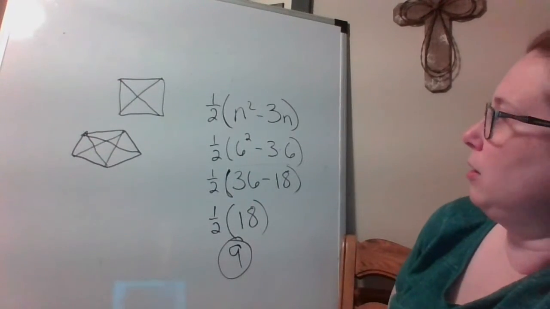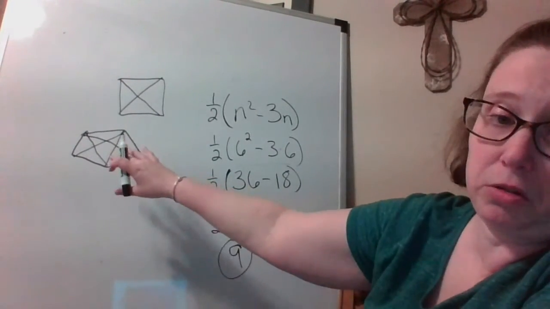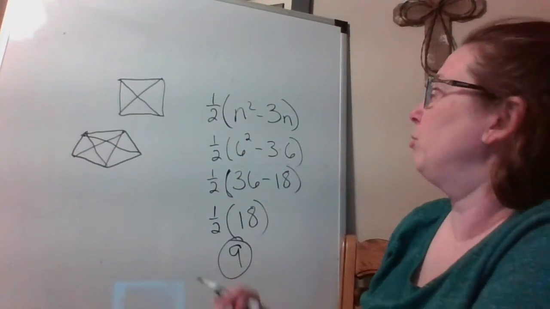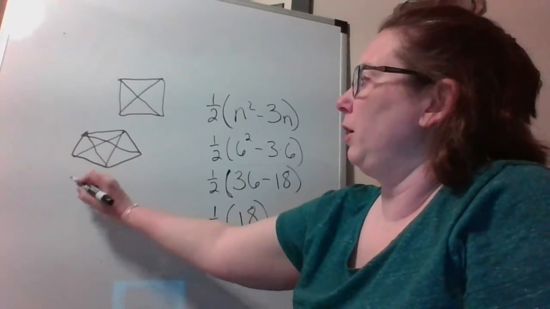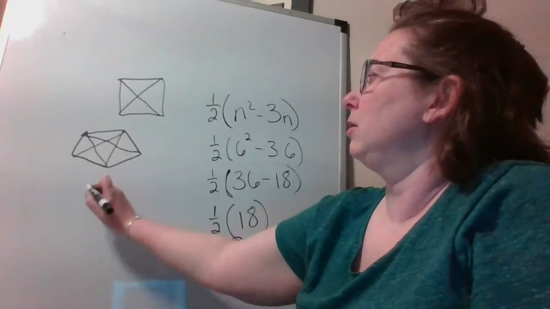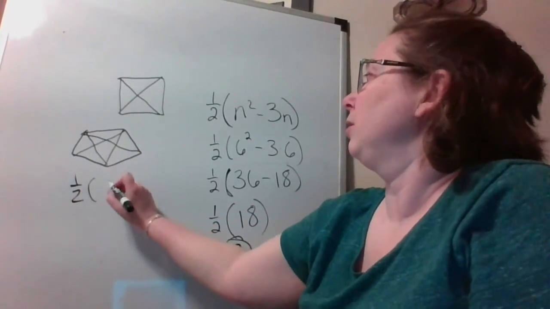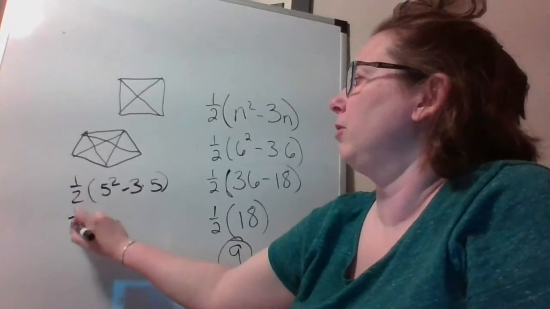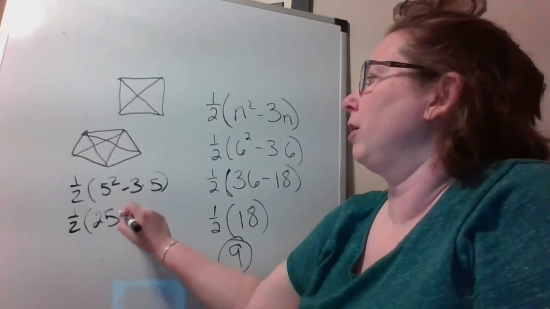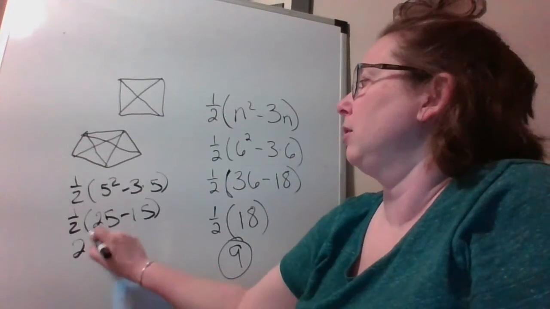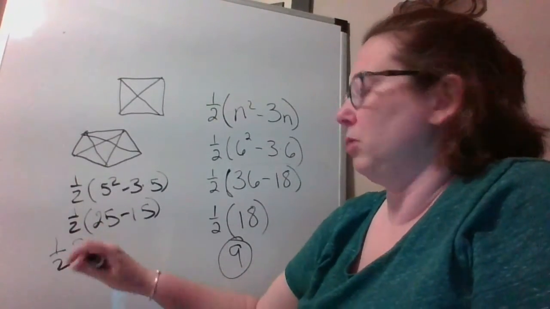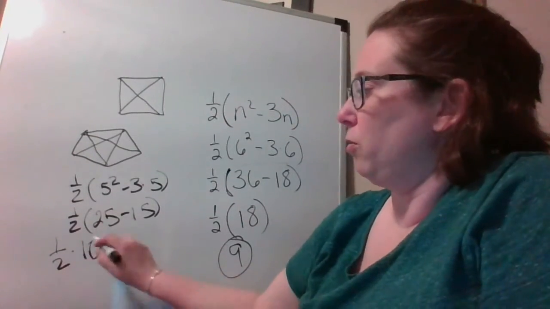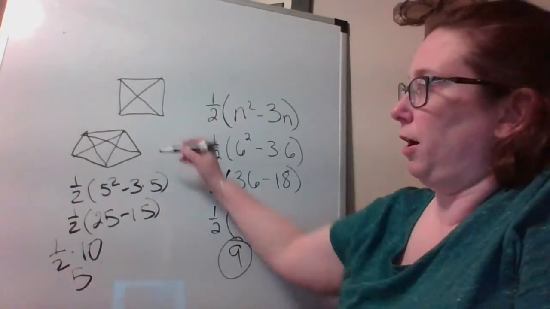Looking at, just when I use it on these as well and see if it worked. So with a pentagon, 5-sided shape, we would say 5 squared minus 3 times 5, which would be 25 minus 15, oops, which would be 10. 1/2 or half of 10 would be 5.